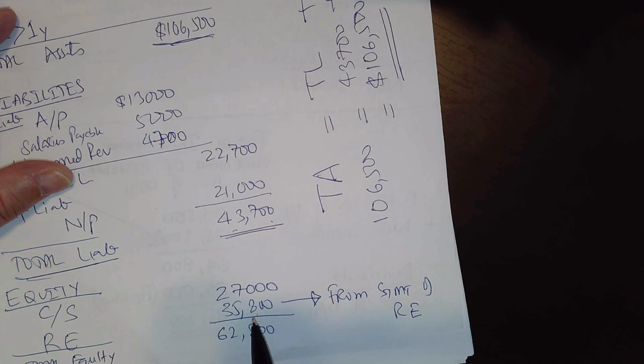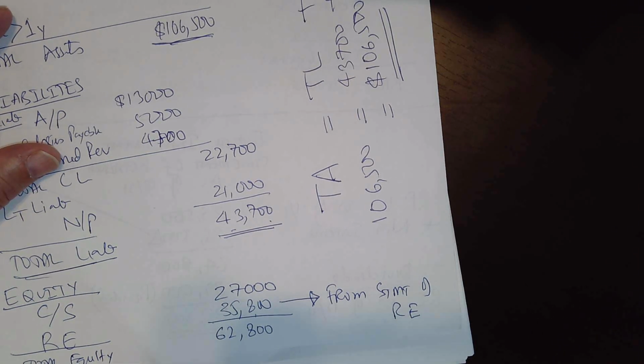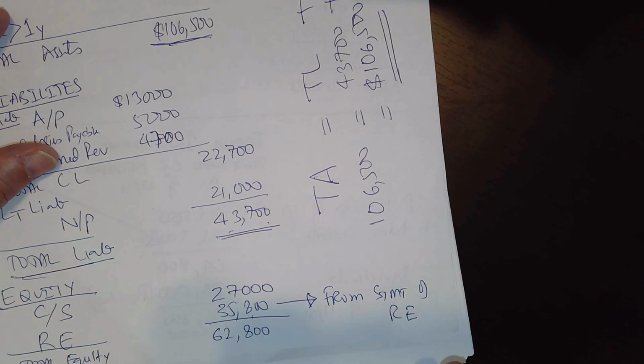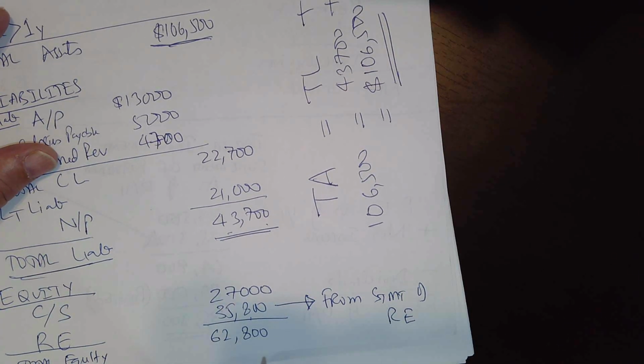This number is coming from there. So this process is called closing the income statement into the balance sheet. Now what I am going to show you is what journal entries you have to do and what accounts you have to use. The account names may differ a little from company to company, but most companies use these accounts.